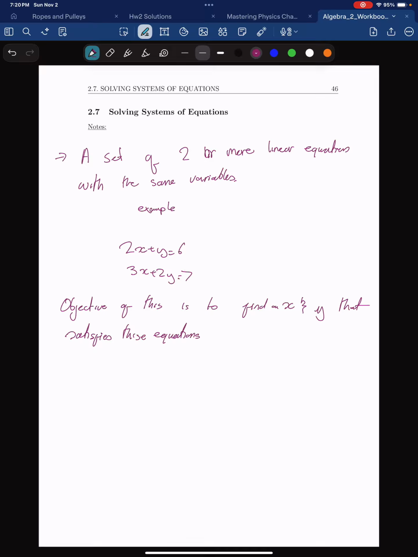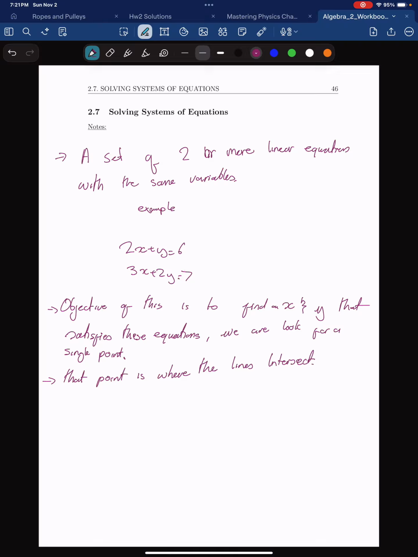We're looking for a single point. All right? A single point. And that point is where the lines intersect. All right? That's the point where the lines intersect.